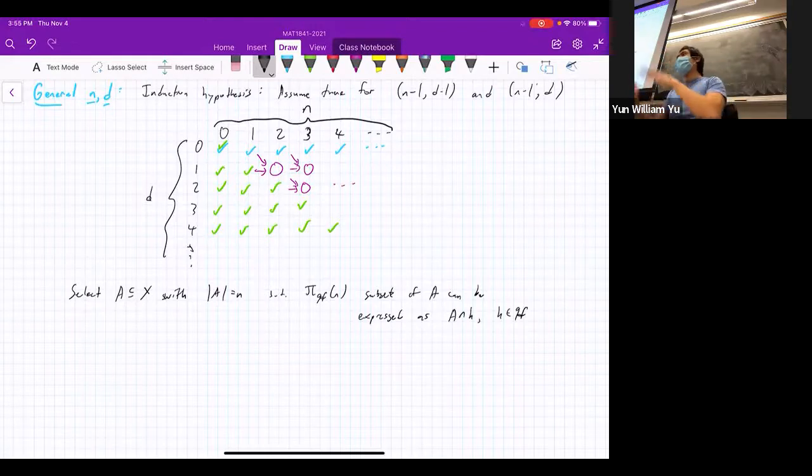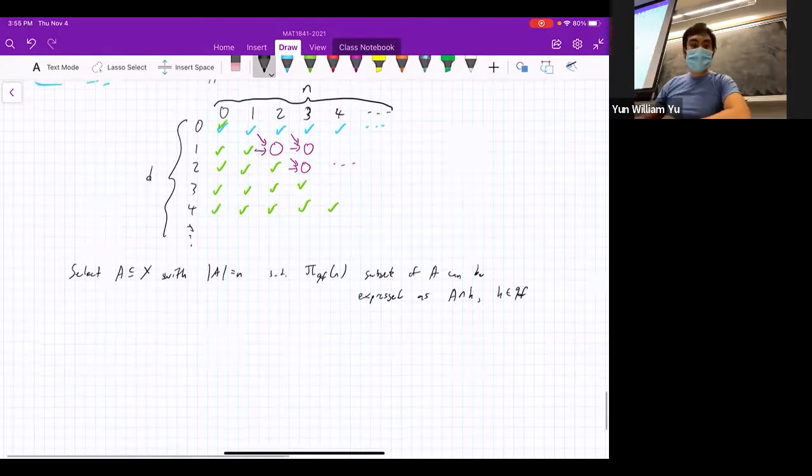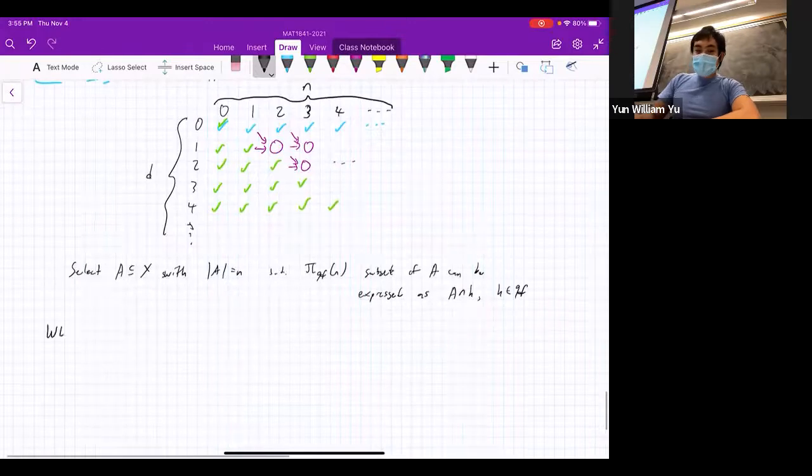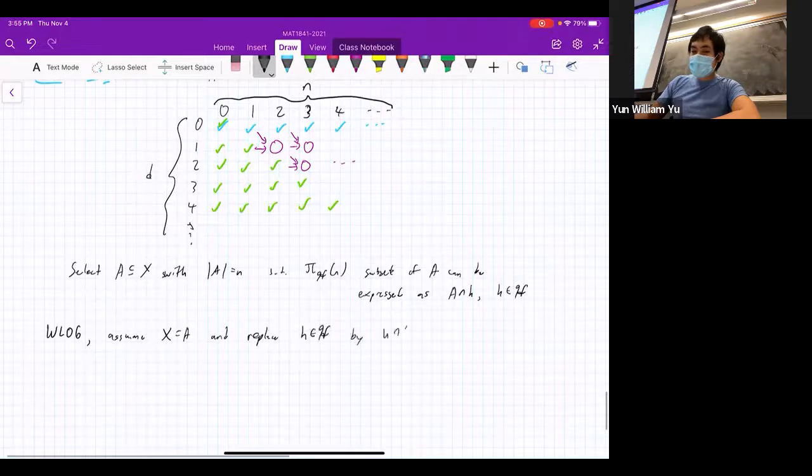It's not a shatterable set because we're above that regime, but it's a set that exhibits the property that you can break it into as many pieces as any set of that size. And without loss of generality, we're going to assume that X is equal to A and replace h in H by h intersect A, removing duplicate sets.